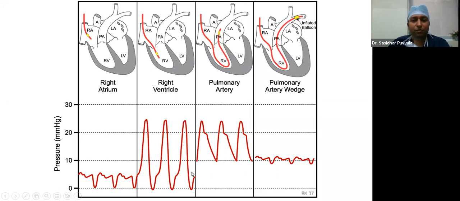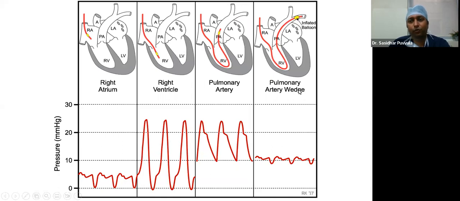When you push the PA catheter further ahead, it enters the pulmonary artery. Then you can see that the diastolic pressure immediately rises from 0 to 5 to around 10 to 15 millimeters of mercury. This indicates that the pulmonary artery catheter has entered the pulmonary artery.